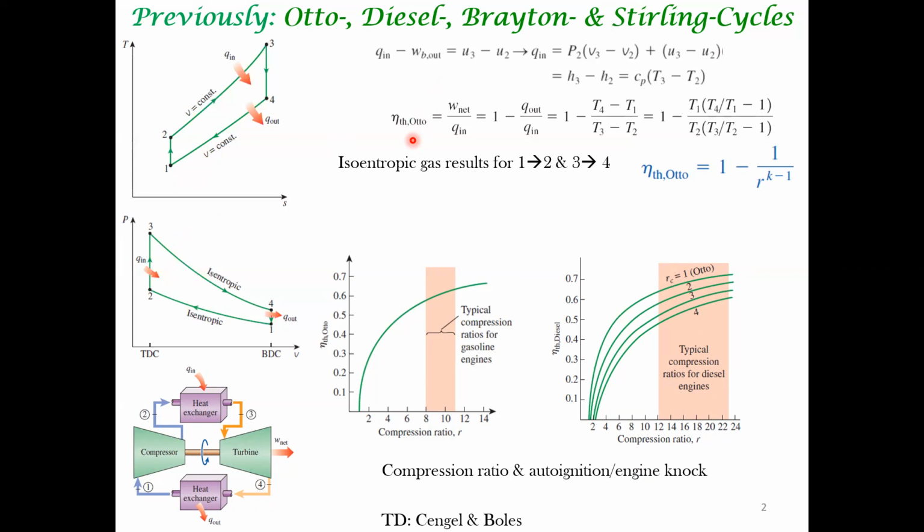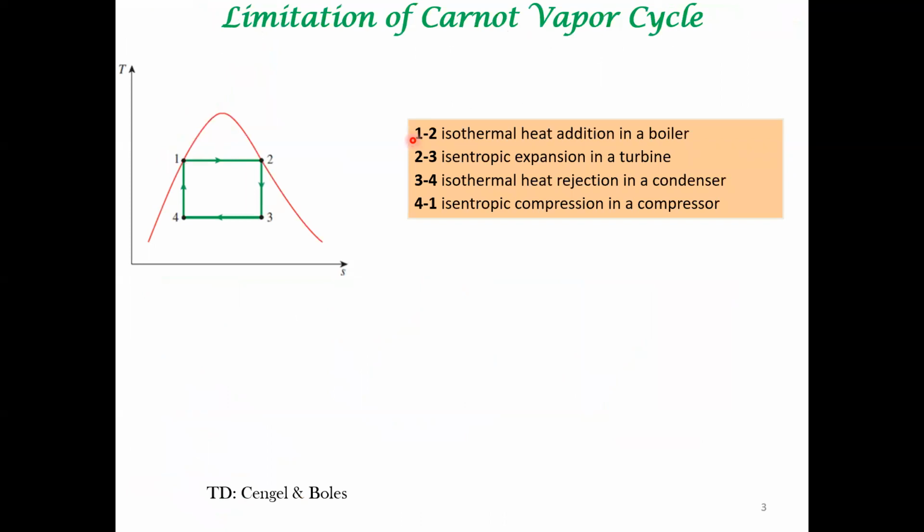gas power cycles. In this lecture, we move on to vapor power cycles, where the working fluid can have phase changes. So this is also inspired by the Carnot vapor power cycle, where there is a phase change, right?